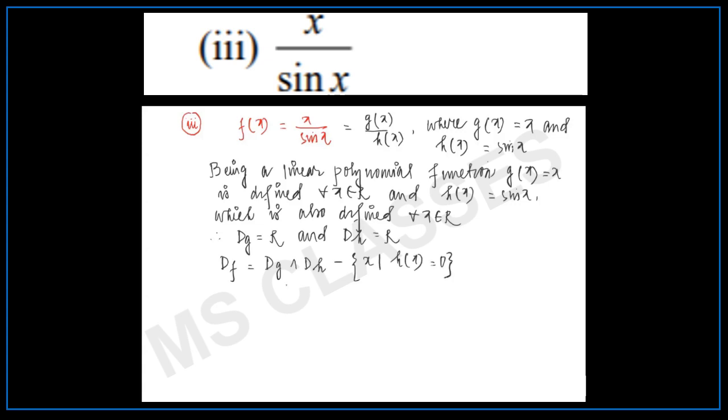So this is R minus those values of x for which sin x is 0. That means R minus n pi, where n belongs to Z.